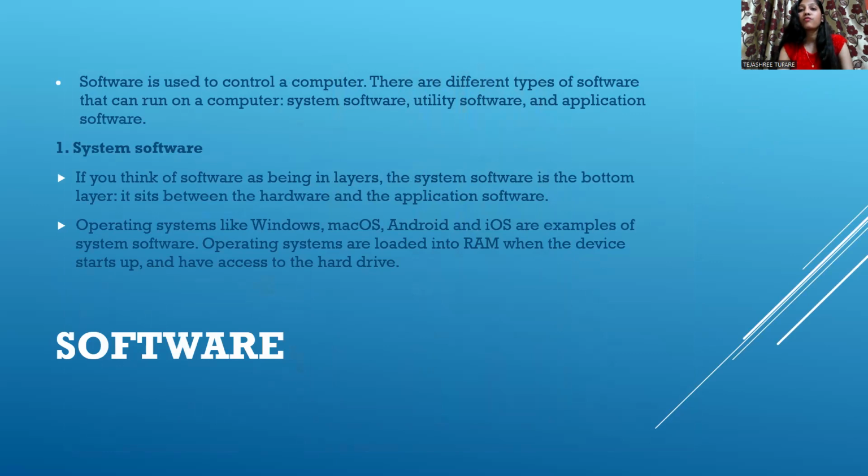Whenever the user requests something, it sends the instructions to the hardware and then generates output for you. Examples are Windows XP and Windows 11. You need to install an operating system on your computer, and then you can use application software. Operating systems like Windows, Mac OS, Android, and iOS are examples of this.